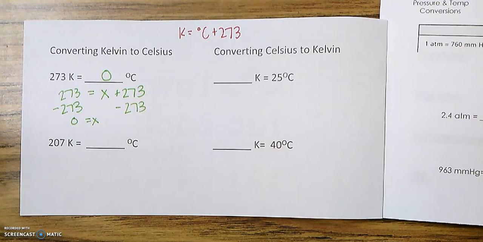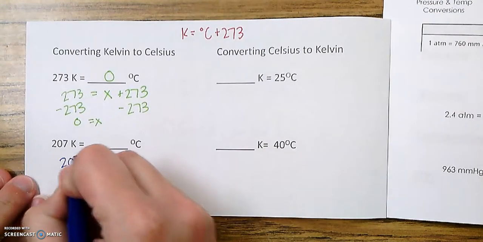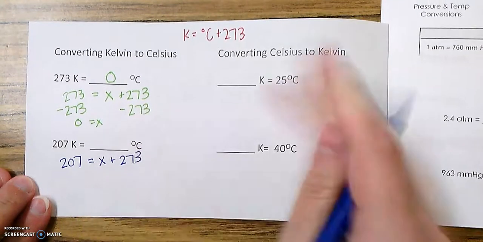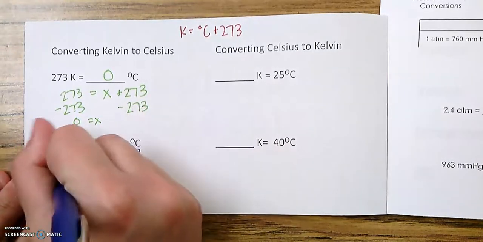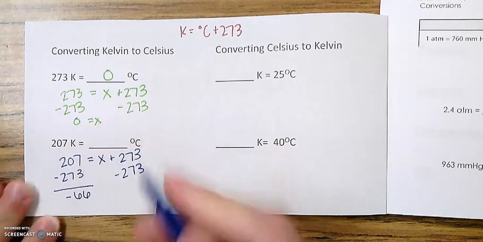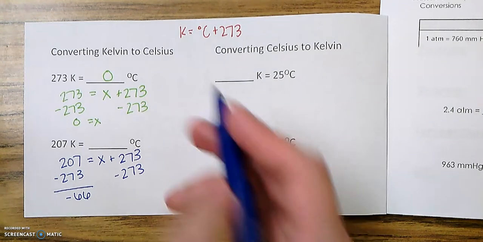Let's check out our next question here. We're still going to plug our Kelvin in, X for our Celsius, plus 273. I'm going to subtract 273 from both sides, and I end up with negative 66. Now, we have a ones place, so that can be significant, so I'm not even going to have to change this number.